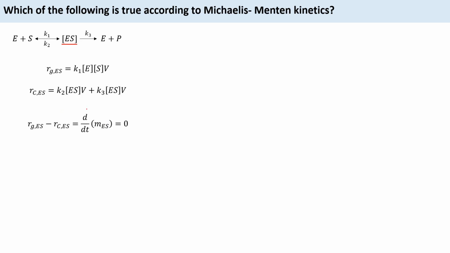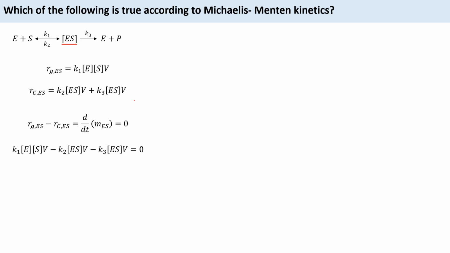So how do we find out? Rg minus Rc, that is nothing but generation minus consumption, is equal to accumulation, and here we say accumulation is equal to 0, as steady state conditions. By multiplying the minus inside, we get minus K2 and minus K3 in the consumption equation.